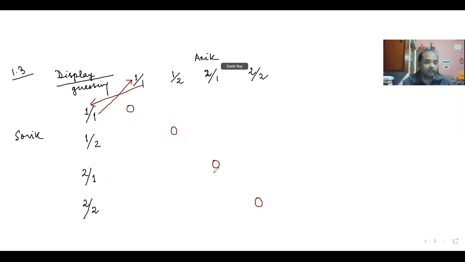So I hope you can find the rest of the things by yourself. And consequently, you can find the value of the game too. Okay, so I am leaving this particular problem for you to complete, and you try this exercise. You have 1 week, so you can read the chapter starting from the first page.